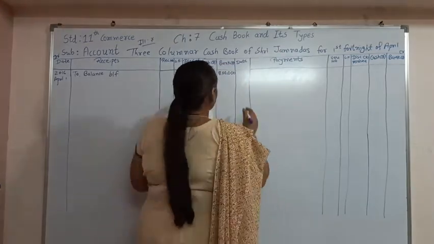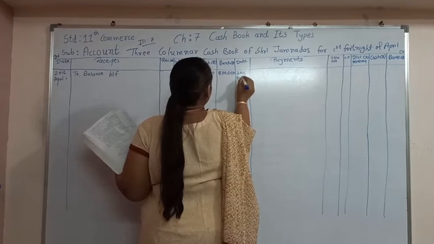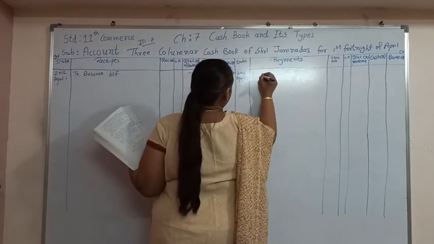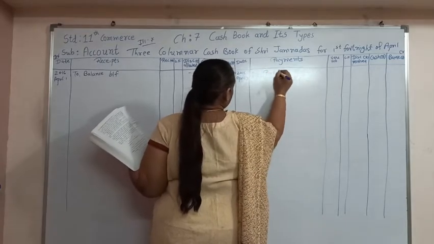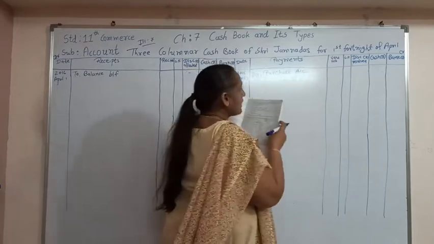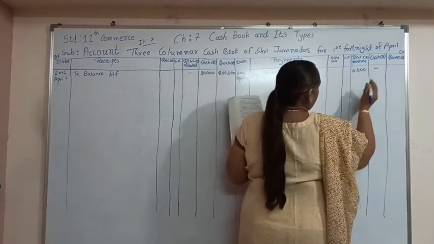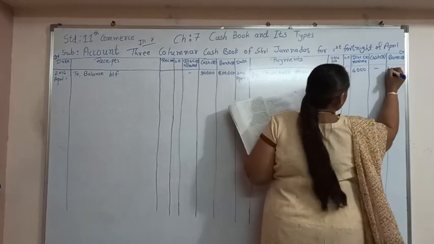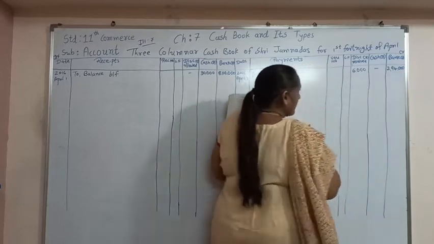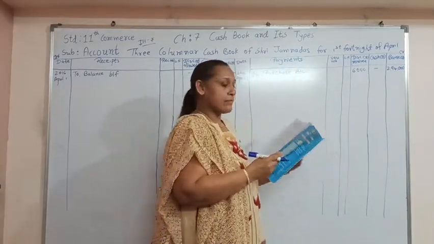So on 3rd April, by purchase account, discount amount will be 6,000 and amount paid will be 2,94,000 for the purchase, and RTGS charges will be 30 rupees.